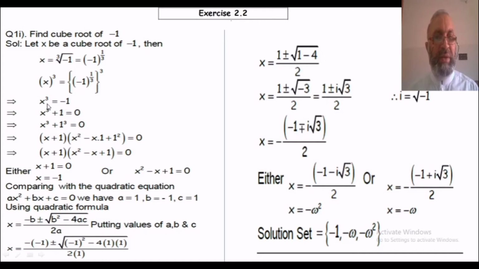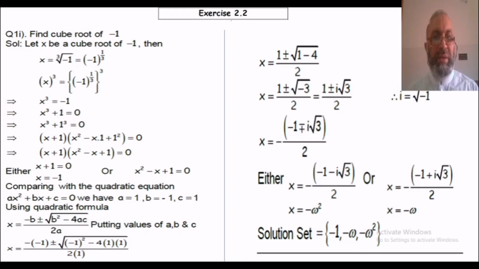Transferring minus 1 to the left hand side, we get x cube plus 1 equal to 0. So x cube plus 1, we can write in the form x cube plus 1 cube equal to 0. For factorizing, we have the formula a cube plus b cube is equal to a plus b into a square minus ab plus b square.